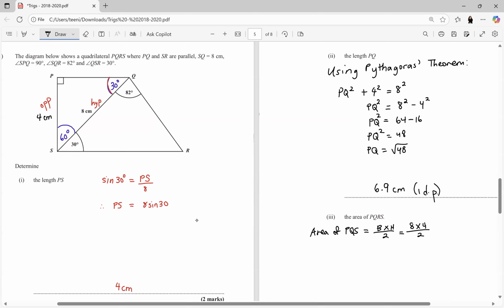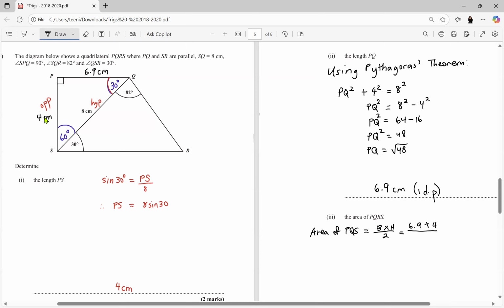All right, so 8 fours are 32. Oh, wait, sorry, why am I using 8? I'm using the wrong thing. I'm supposed to use 6.9 because the base of PQ would be 6.9 and the height will be PS. So it'll be 6.9 plus 4. The height and the base of a triangle are perpendicular to each other.